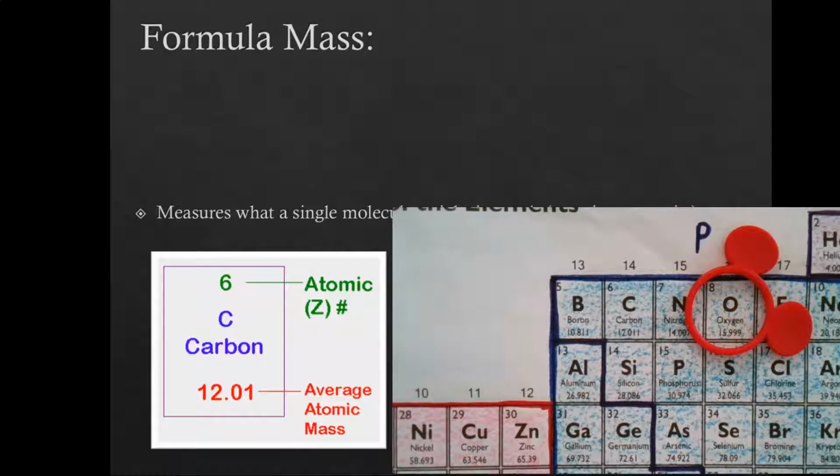And that indicates the average atomic mass of oxygen according to its percent abundance when you consider the abundance of all of the different isotopes of oxygen present in the universe. The average of their mass is 15.999 atomic mass units, or AMU.